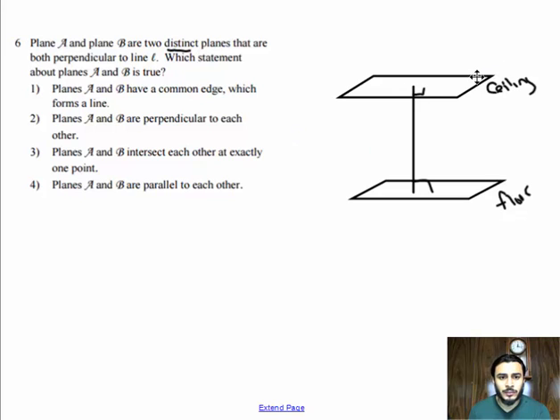Obviously, if this is a ceiling and a floor, they're not going to have a common edge. The planes are not perpendicular to each other. In fact, they are parallel to each other. So the answer is choice 4. Choice 3 is out of the question because a ceiling and a floor will not intersect each other, so that doesn't make sense. So the answer is choice 4.